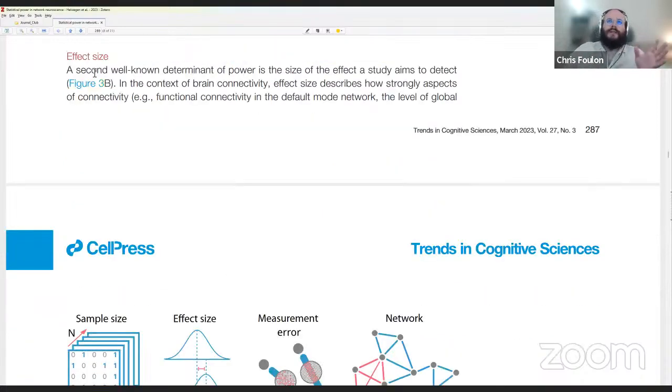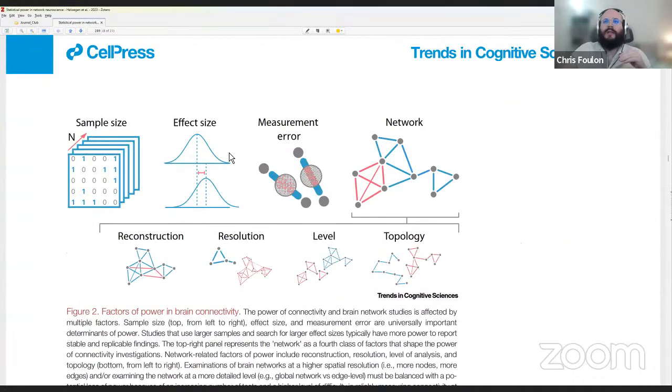So first, the effect size, that is actually important, but it's not studied as much, it's not discussed as much as the sample size. Sample size is the most straightforward.